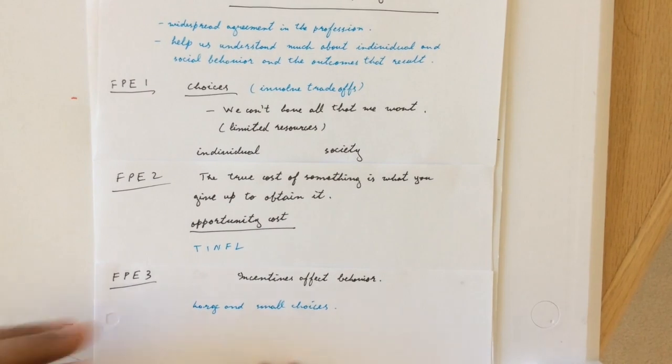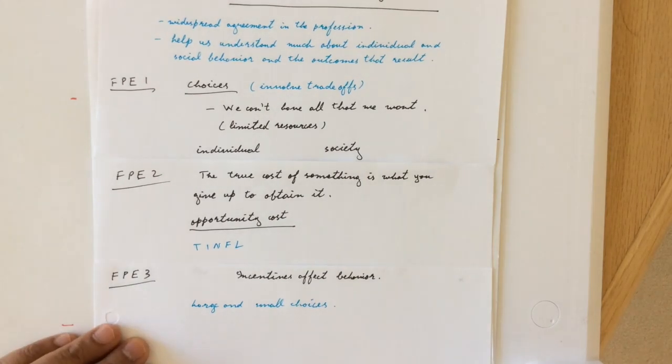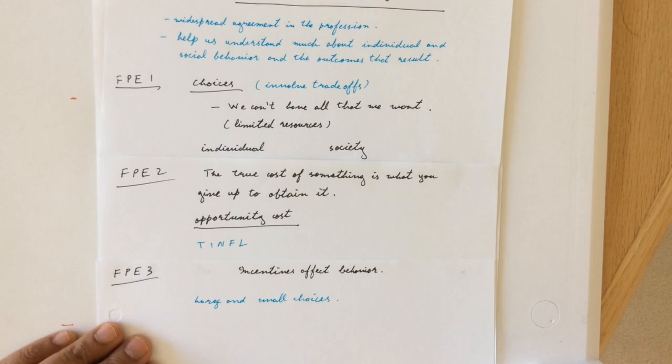Let's think about a relatively large choice that many of you are currently considering or making. This is what career, what profession will you join when you graduate from college? When you consider what profession you will join, there are several factors that you will consider. You will consider the benefits of joining that profession, and you will consider the costs of joining that profession.